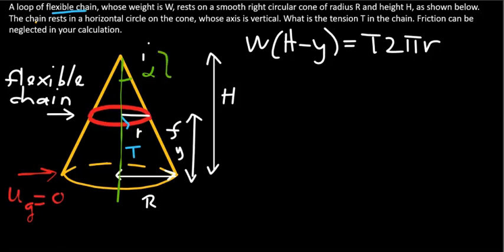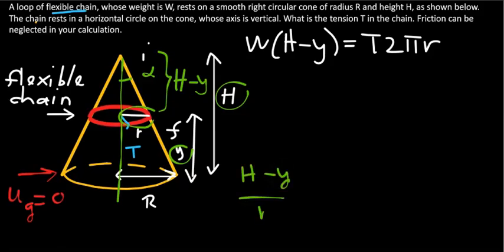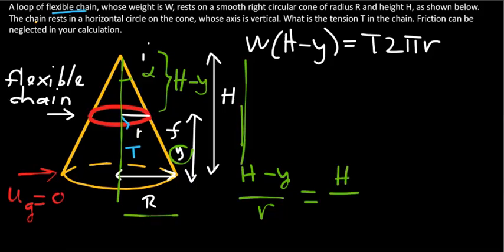So this length, which is capital H minus Y, over little r, so (H minus Y) over little r, has got to be the same as this entire length, which is capital H, over the radius of that cone, capital R, because what these terms reflect is 1 over tangent alpha, which is a constant.